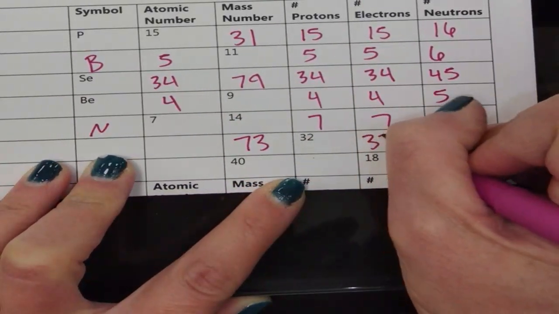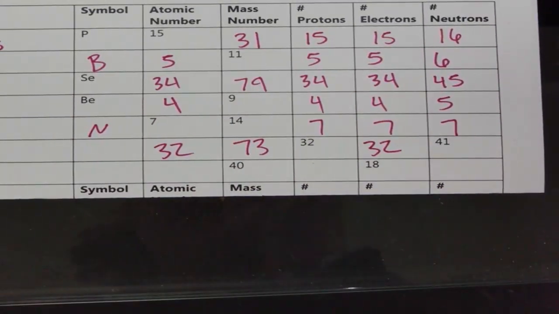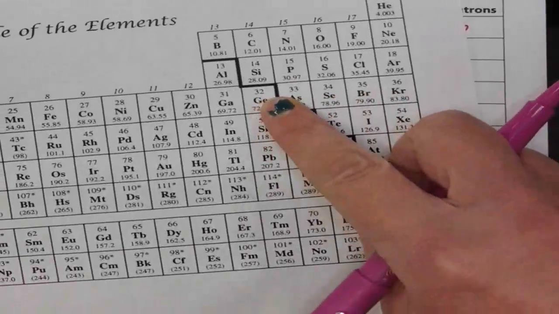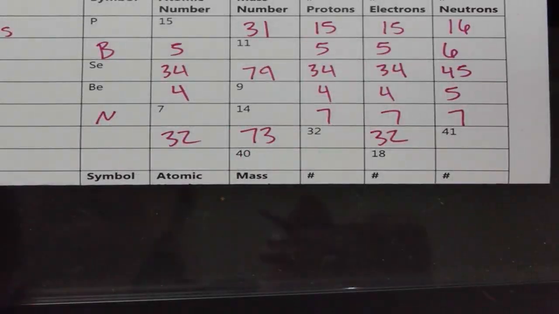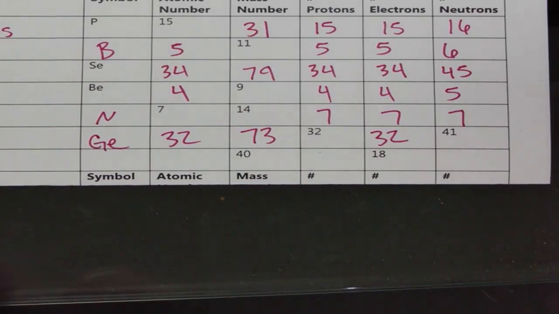Protons is the electrons and the atomic number. What has an atomic number of 32? And we're going to check this out, and we see here that it is Ge, which should be germanium.